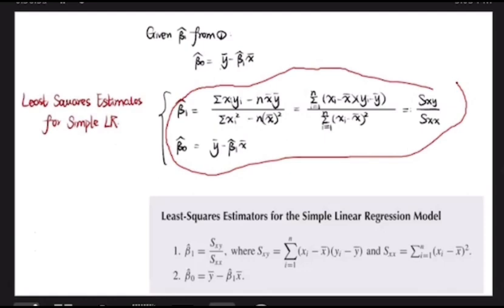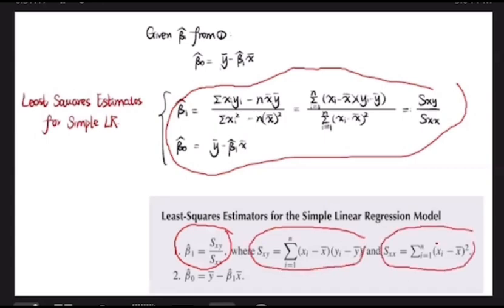So those are our estimators. Okay, now if those are our estimators, I'm actually going to say the beta 1 cap is the ratio of covariance to that, where SXY is that and SXX is that. Okay, so that's what I mean.